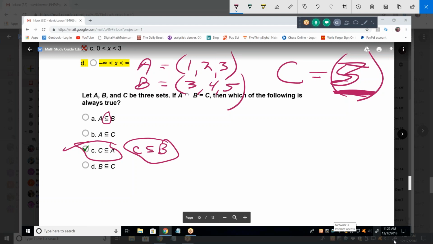But not vice versa. Notice that all the items in B are not in C. I've got 3 items in B. I only have 1 in C.